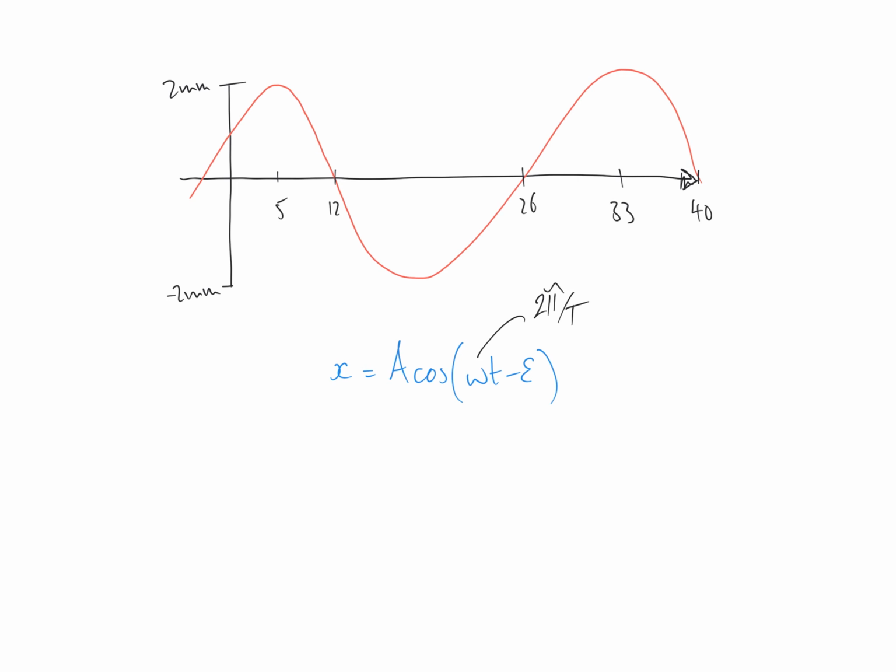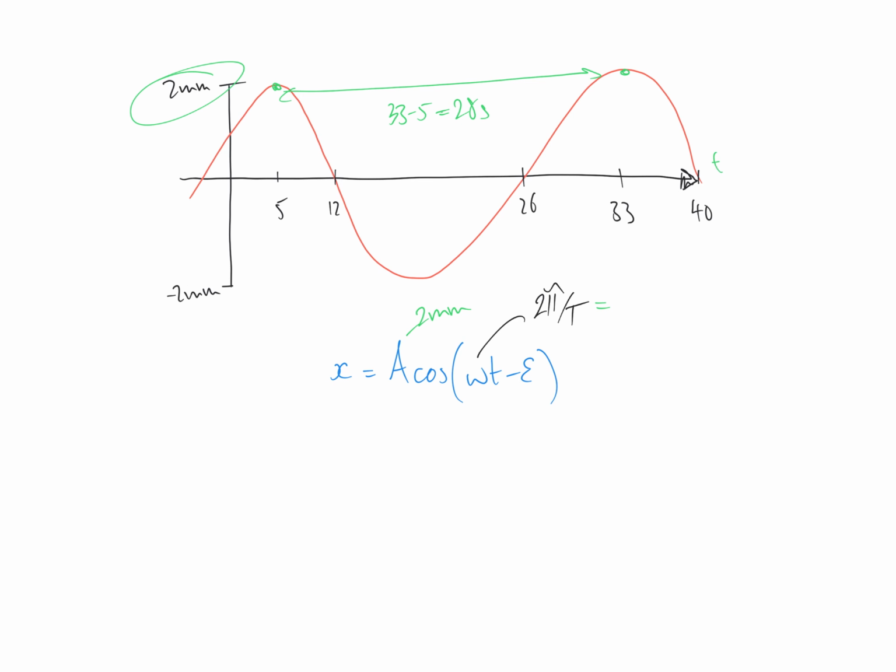Now, we know that the amplitude is the maximum displacement, which is 2 millimeters. We know also that the time period is the distance between 2 points which provide the smallest repeating unit in that wave. It's going to be 33 minus 5, which is 28 seconds.